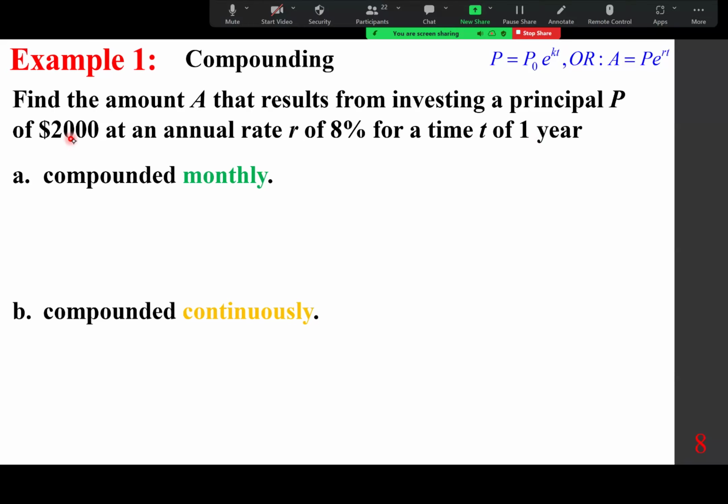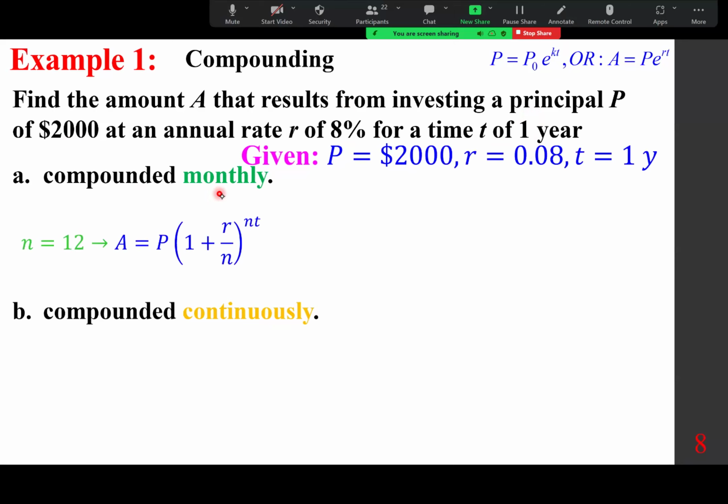The principal is $2,000. The rate is 0.08 or 8%. T is 1. And we are going to use compounded monthly. That means n equals 12 with the formula we established in the previous page.